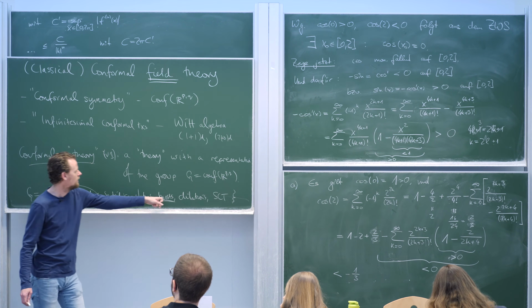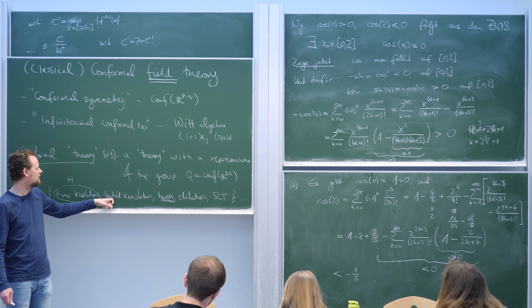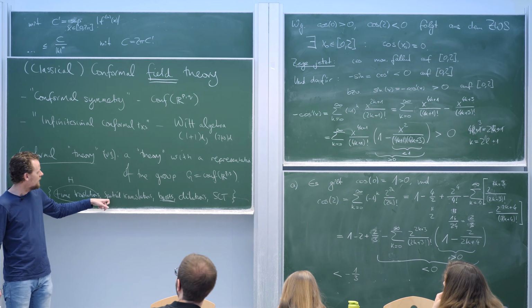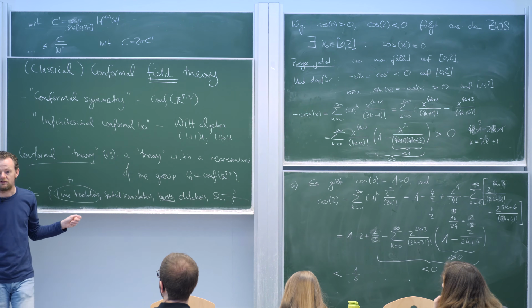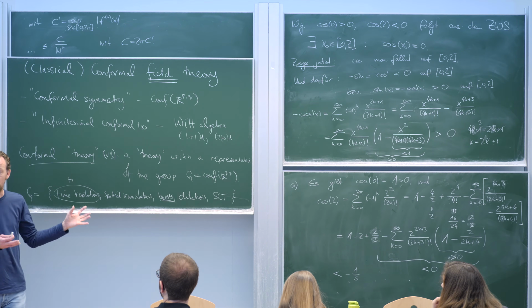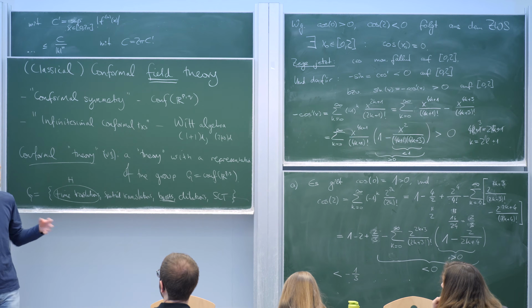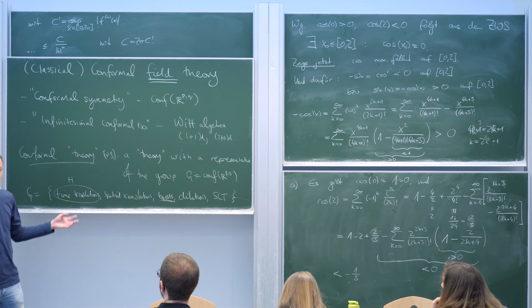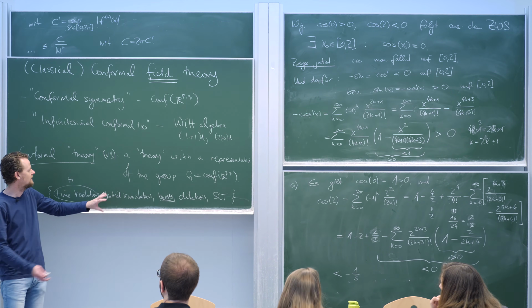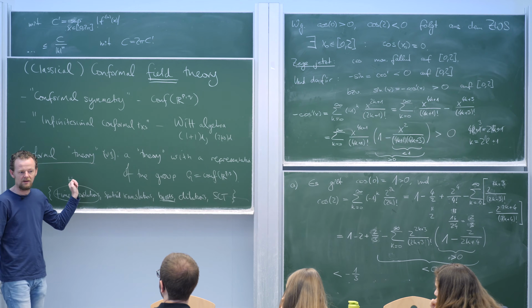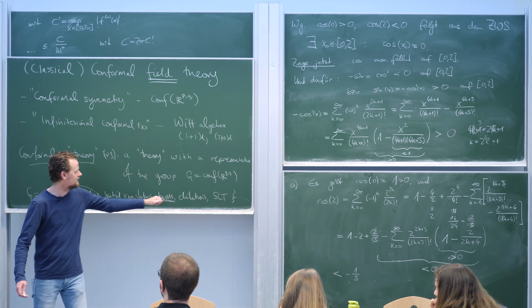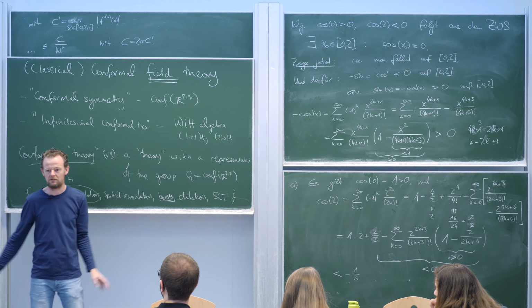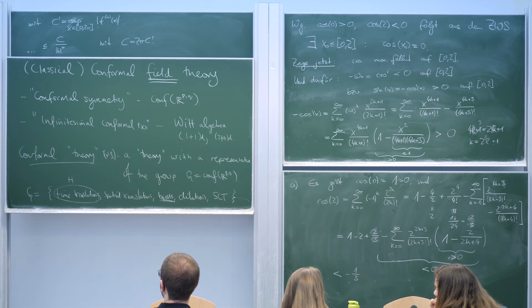So boosts will conjugate spatial translations to time translations. So you have to do it all at once. You can't do it like in the non-relativistic case where you build your non-relativistic theory and then focus on invariant sectors to get the rest of the symmetries to work. Here you can't even get a theory with a Hamiltonian independently of dealing with all these other symmetries. So you have to represent them all at once in these kinds of theories, both Poincaré invariant theories and conformal theories, which are a superset of symmetries.